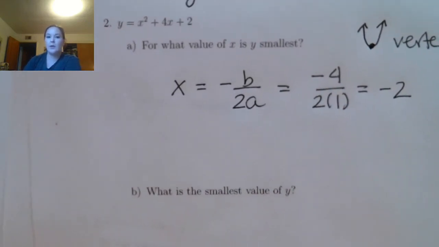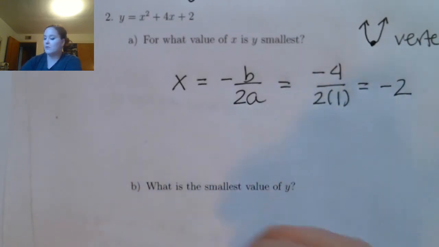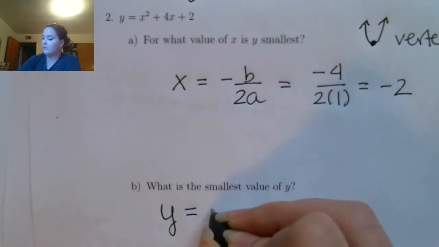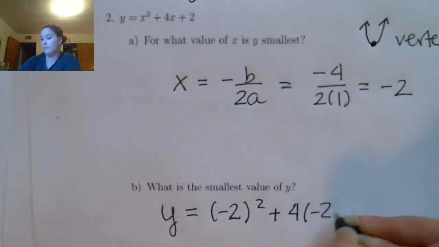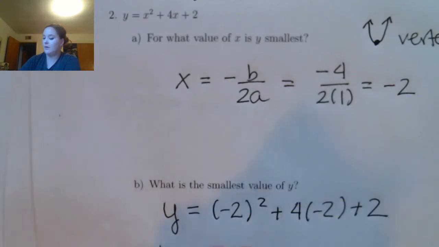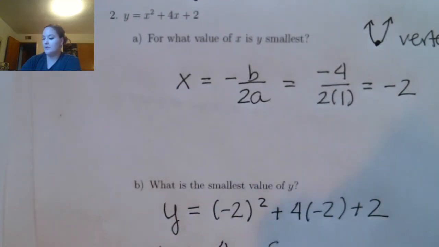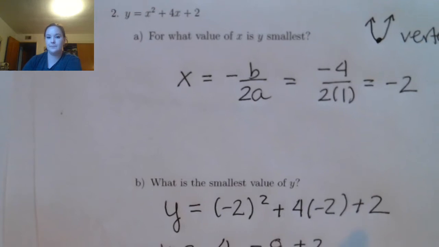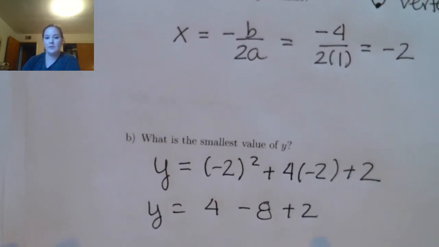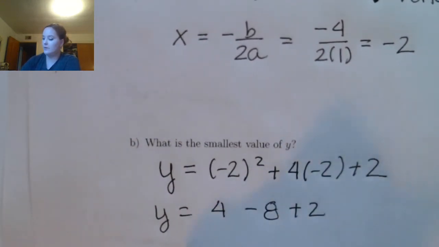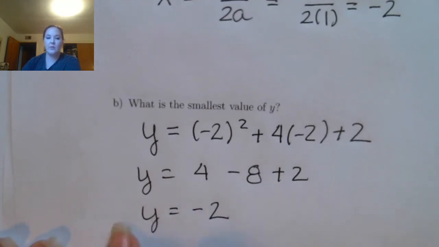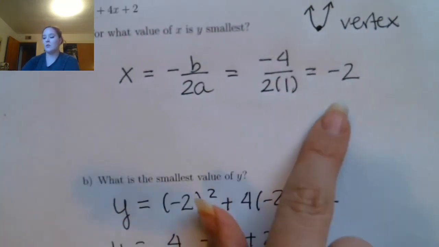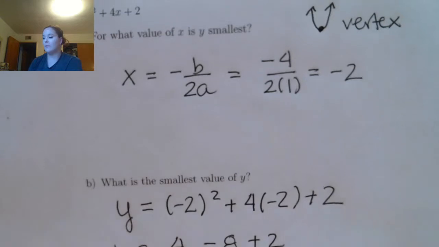Then we plug in this x value to find its corresponding y value. We'll get 4 minus 8 plus 2, so this is going to be negative 2. Our smallest value of y is -2, and that's occurring at the x value -2.